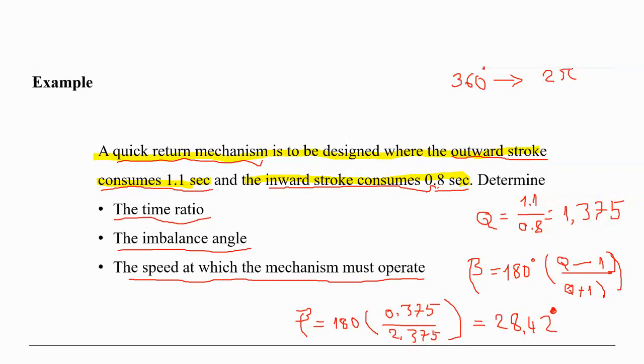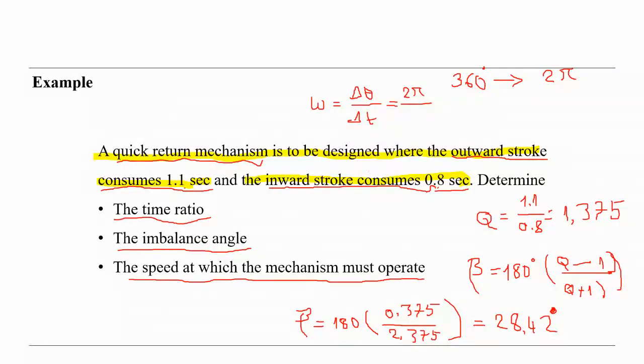Radian-wise this is 2 pi. And omega is equal to delta theta over delta t, the time used for this angle. In this case it is 2 pi, because we are calculating in radians per second, over the time.